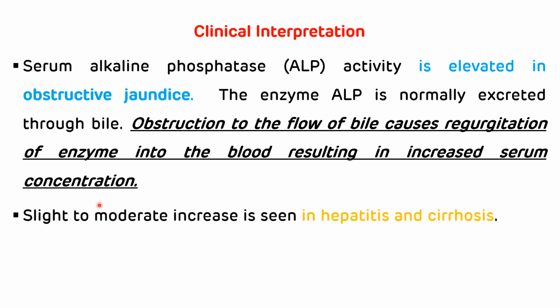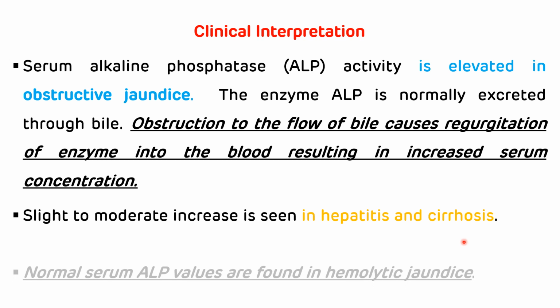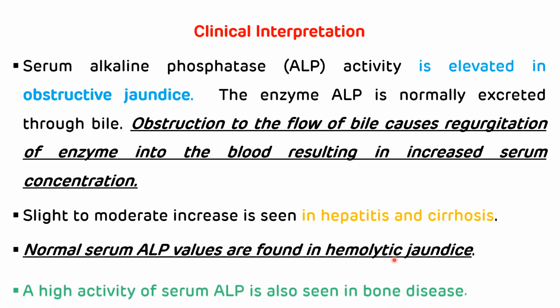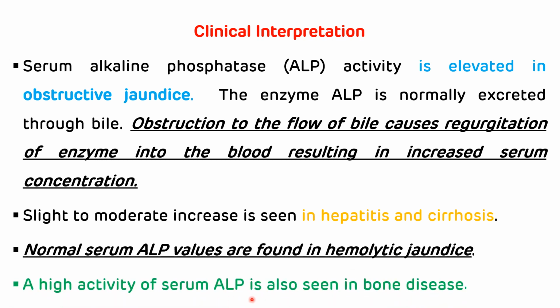A slight to moderate increase is seen in hepatitis and cirrhosis, and normal serum ALP values are found in hemolytic jaundice. High activity of serum ALP is also seen in various bone diseases like Paget disease, rickets, metastasis to the bone, and various bone conditions like osteosarcoma and osteomalacia.